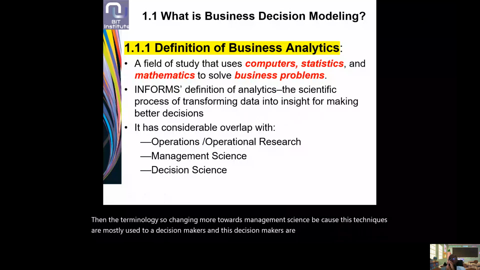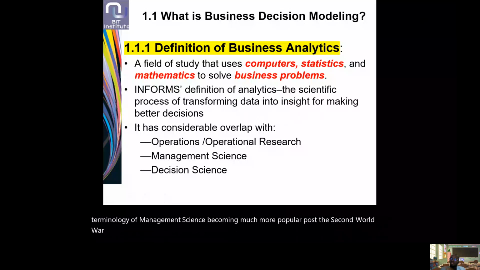So we see the terminology of management science becoming much more popular post the Second World War. Other terminologies associated with it could be decision sciences as well. In most of the textbooks that you will come across, most of the older textbooks still refer to it as management science.